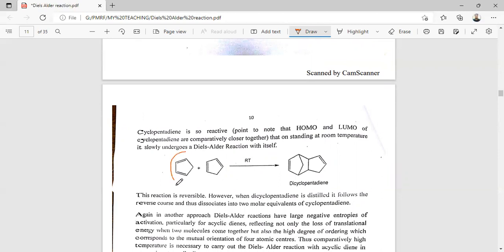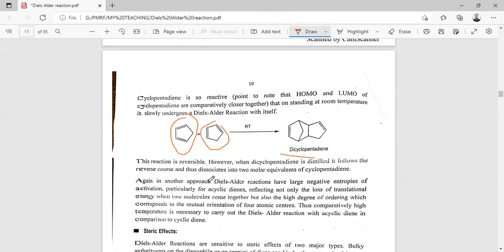So cyclopentadiene even reacts with itself to form this Diels-Alder adduct, dicyclopentadiene. This reaction is reversible. However, when the dicyclopentadiene is distilled, it follows the reverse course and dissociates into two molar equivalents of cyclopentadiene.